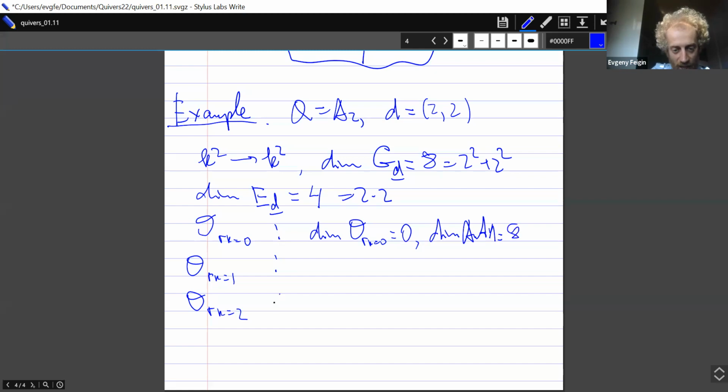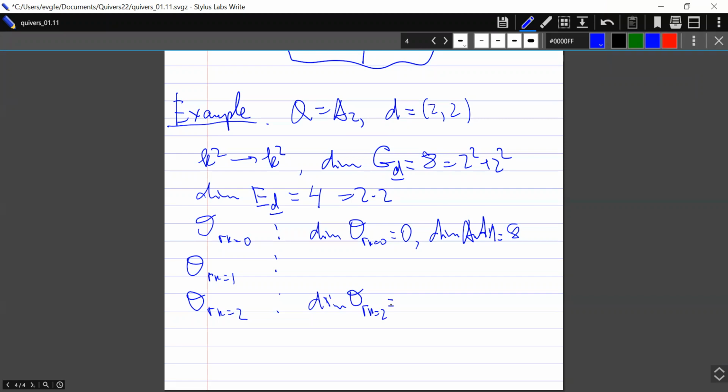Okay, so now let's do another one. So what's the dimension of the orbit rank equals 2? It's 4. Right.